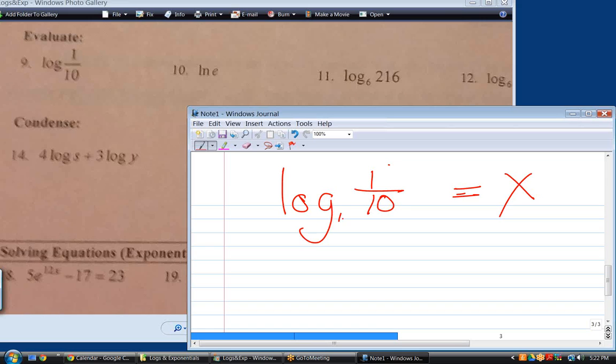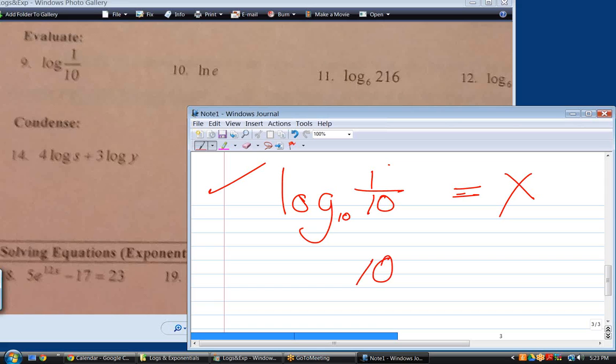Just to make the problem a little easier. Now, let's stick the 10 in there to make it easier still. The way to evaluate this is to express it exponentially. Express this exponentially. What's the base? 10. So let's start there.